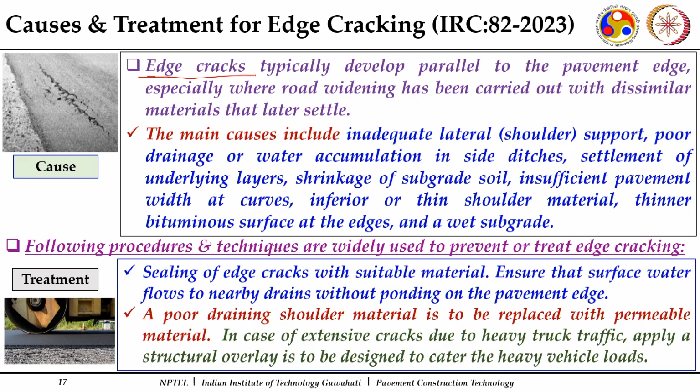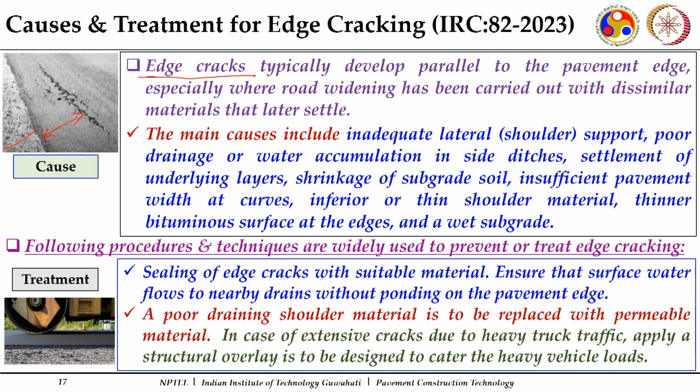Then another type of crack is the edge crack, which usually happens at the edges of your pavement sections. This specifically happens if the edges are not properly supported, for example if the shoulders are not properly constructed and the underlying courses near the edges are weak.